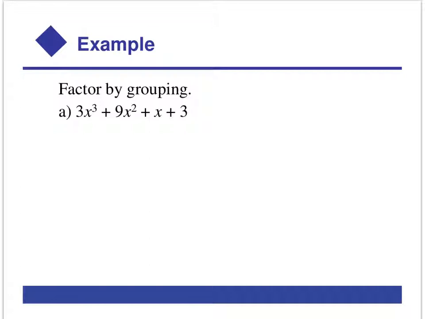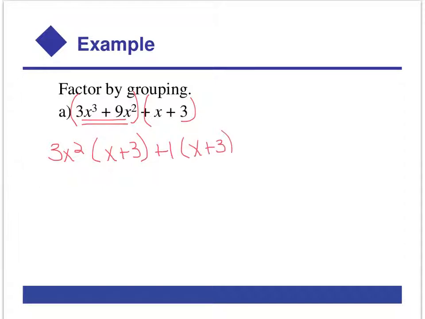So our first problem that we're going to factor by grouping, what you do is you go in and you just drop in a set of parentheses, and we're going to factor out these two. Their GCF is going to be a 3x squared, so that's going to leave an x plus 3. And then on the other side, they don't have anything in common, but you can factor out a 1, leaving an x plus 3.